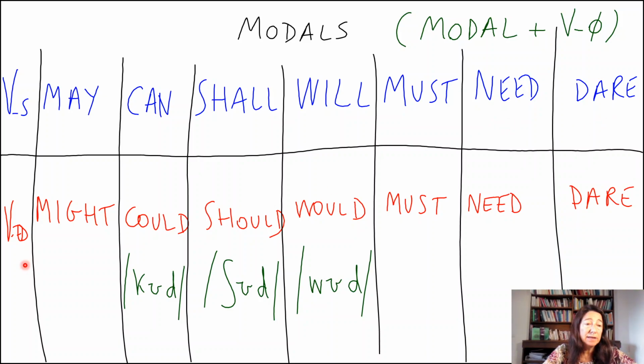And in the past tense: might, could, should, would, must, need, dare. So as you can see, the last three have the same form in the present and past tenses. And the last two can also be verbs, and they're really not very much used. Make sure you pronounce these three correctly, because the letter L is not pronounced.